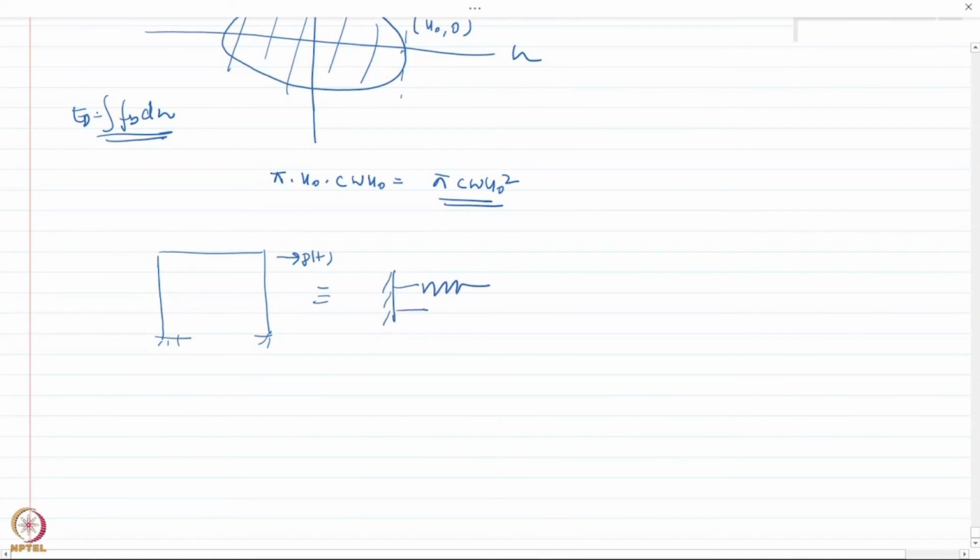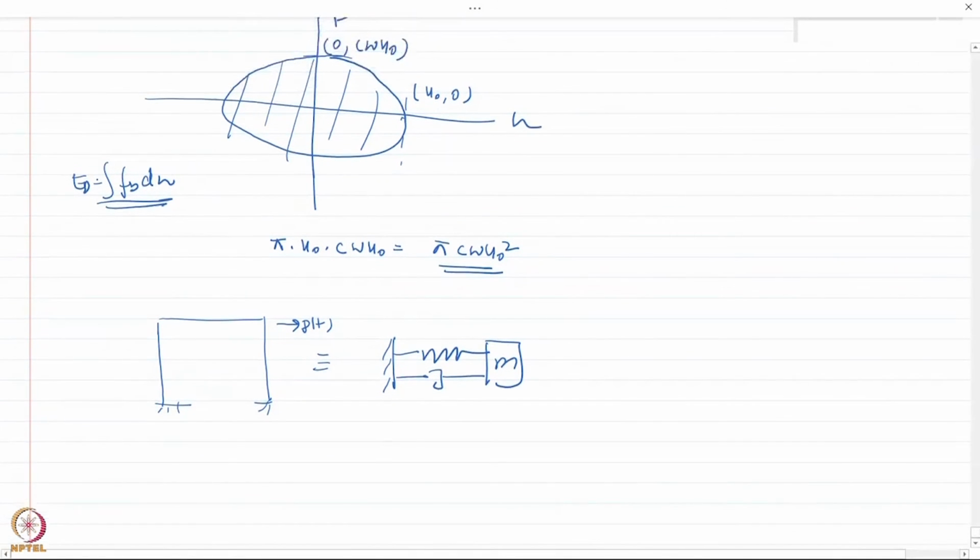This structure would have some damping and stiffness, and the total mass was concentrated here. So in general, any structural element would have some stiffness and some damping, small or high depending on the element itself. Now for a linear system, Fs versus U is simply a straight line.